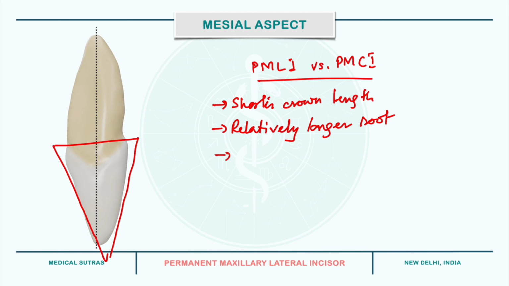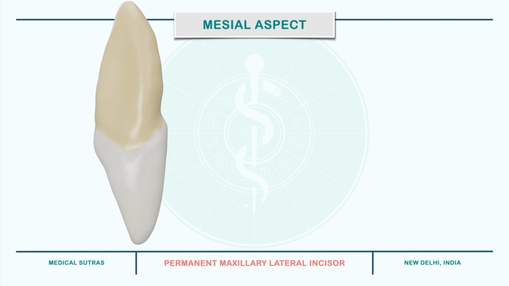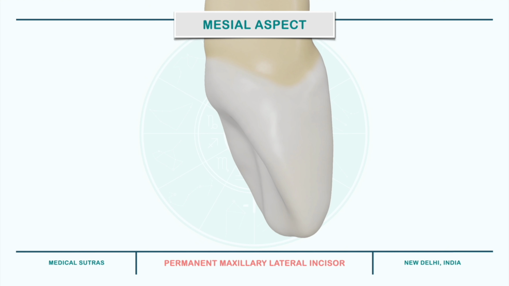The labiolingual width is 1 mm or so less when compared to the central incisor, and the incisal ridge appears thicker in lateral incisor. Similar to the central incisor, the labial outline is convex with maximum convexity in the cervical portion and slight convexity between cervical third and incisal ridge.